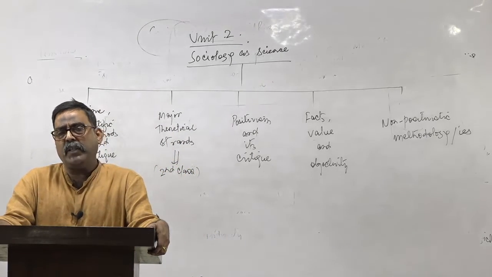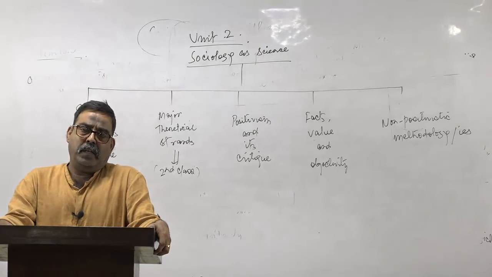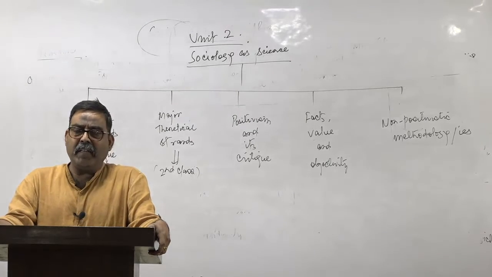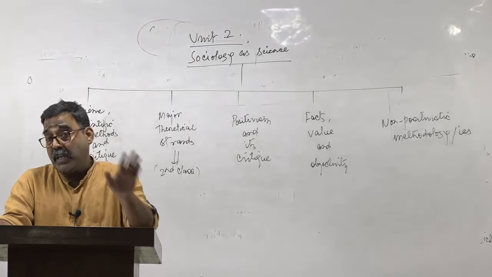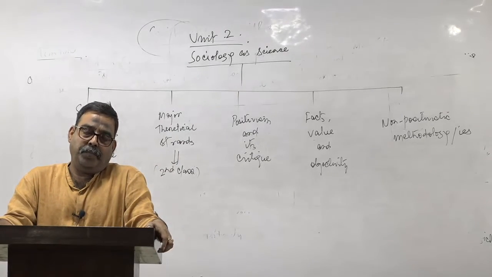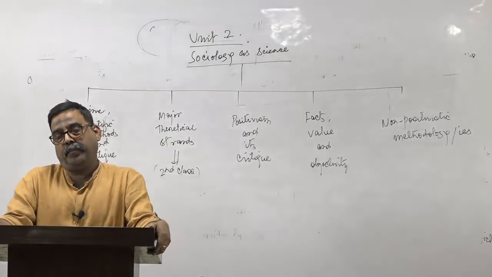Then when we talk about science, look at the general understanding. When we say science, we understand science in terms of physics, chemistry, biology, mathematics. No, science has nothing to do with any subject. Science is basically a procedure or a method.